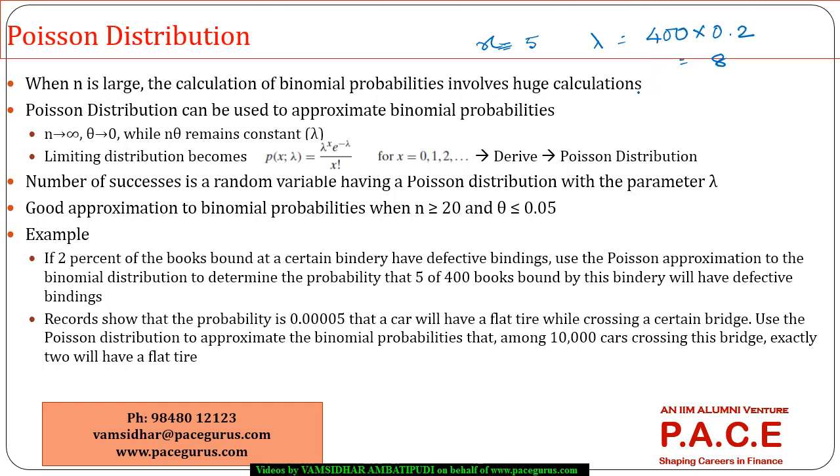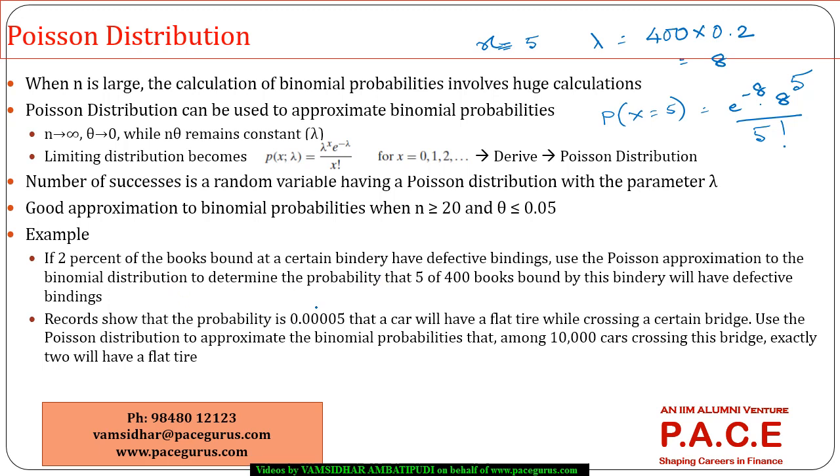So I am interested in finding the probability that x equals 5, which is e power minus lambda, lambda power x by x factorial. This is the probability that 5 out of the 400 books bound at this bindery will have defective bindings.